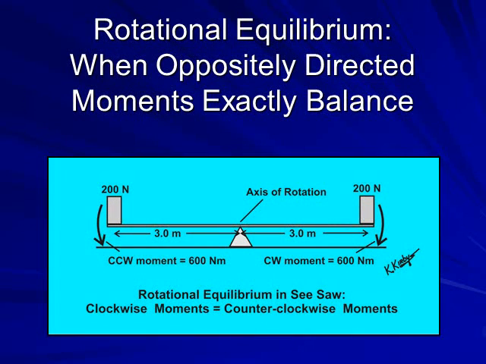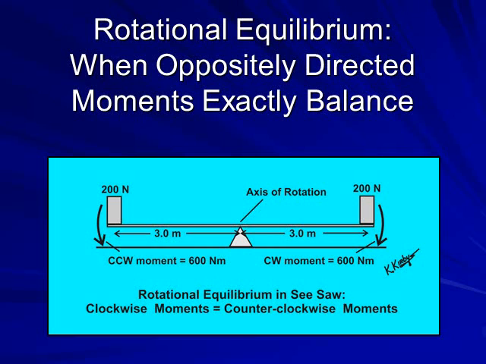We've already looked at the seesaw of the boy and girl being on opposite sides of the seesaw, but let's again look more closely at the moments and how they can be calculated. So, to summarize, rotational equilibrium means that oppositely directed moments are exactly balancing.